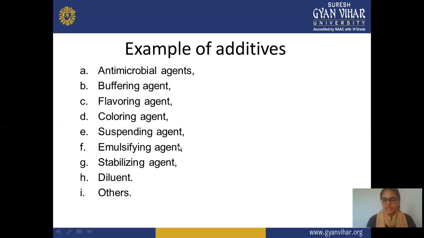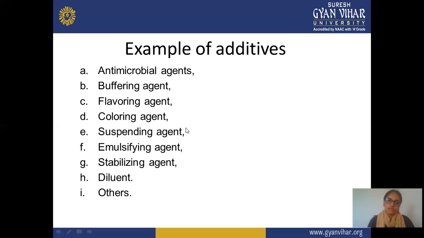Next is emulsifying agents. Emulsifying agent is also not present in all liquid dosage forms, but like the suspending agent, this also depends on the type of liquid dosage formulation. If you are preparing an emulsion, this emulsifying agent is very important.